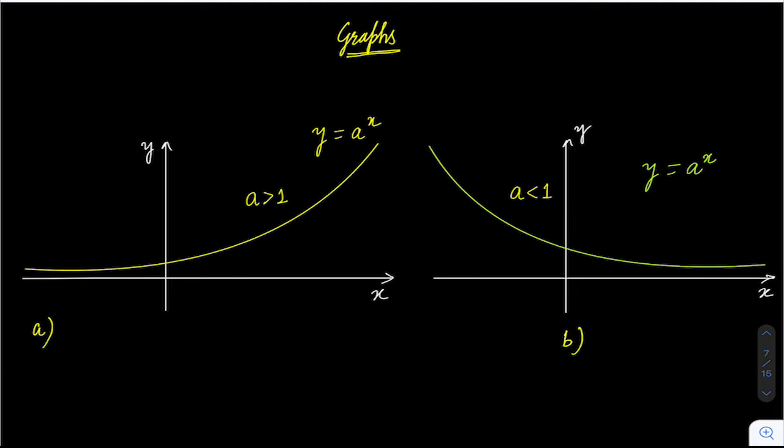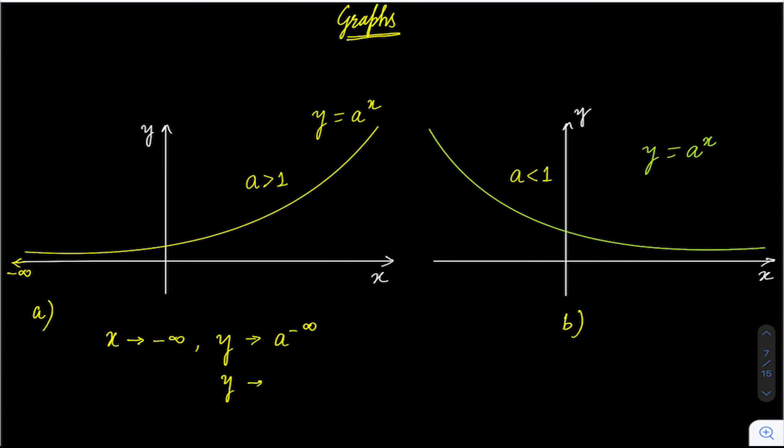When a is greater than 1, as you can see, when x is approaching minus infinity, my function y = a^x is approaching 0. We can see that because when x approaches minus infinity, y approaches a^(-infinity), and I can write this as 1 over a^infinity.